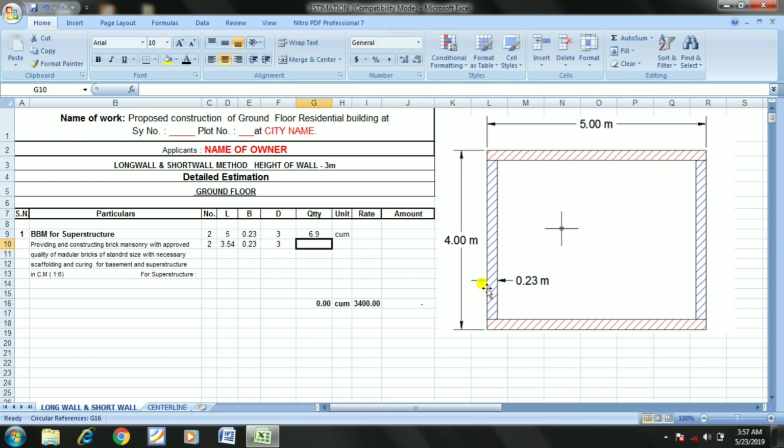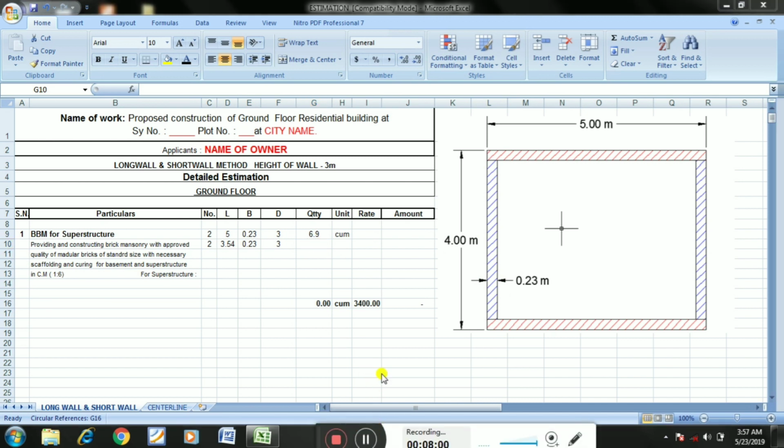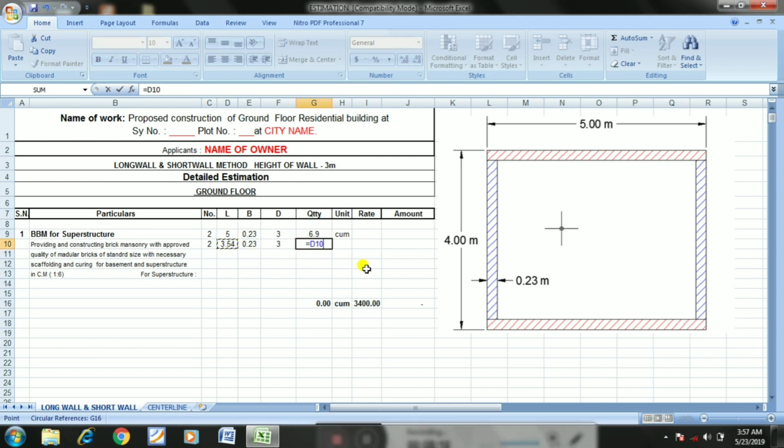Next, the quantity will be how much? You need to find out the quantity of this wall also.